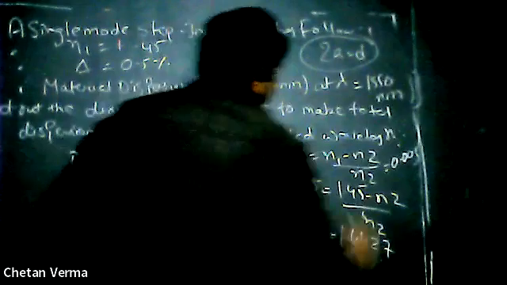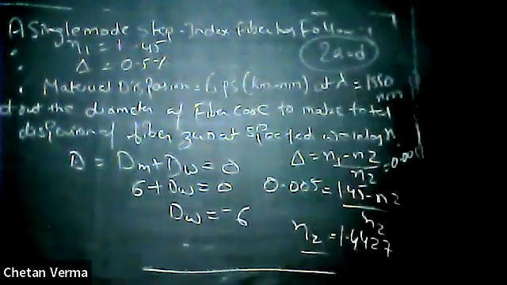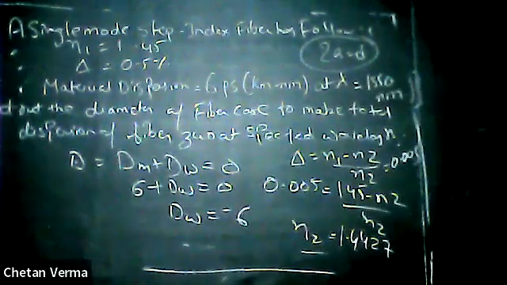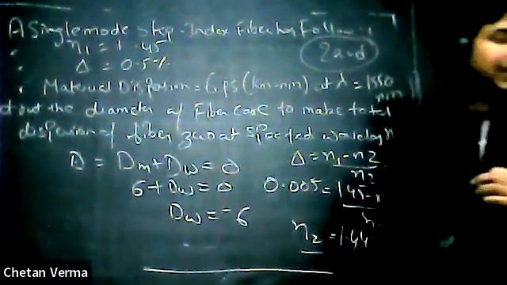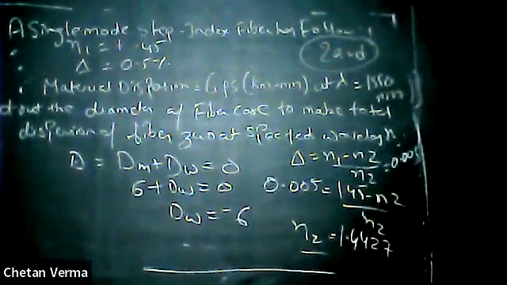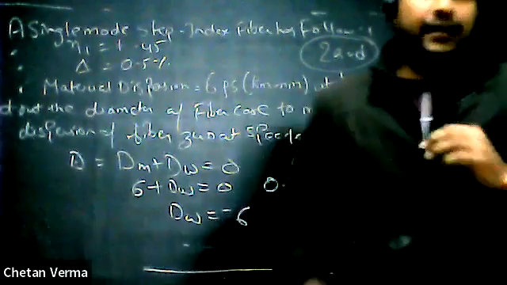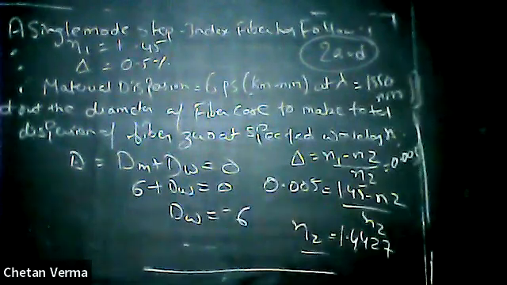So that is the calculation of your n2, the cladding refractive index, by use of your n1 and the relative refractive index difference. Clear to everyone up to this point? Anyone having a doubt up to this end?